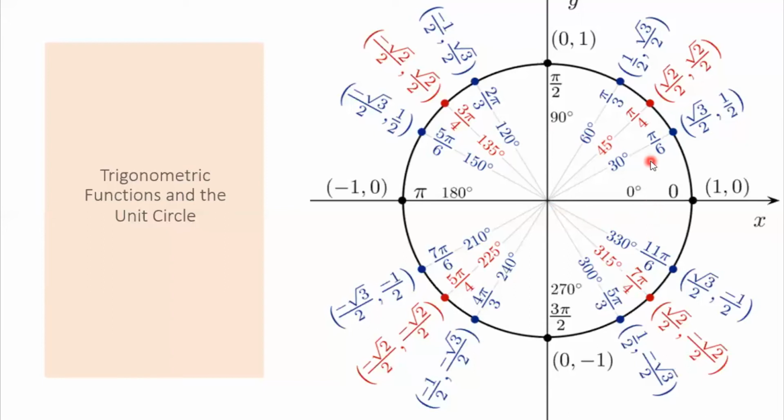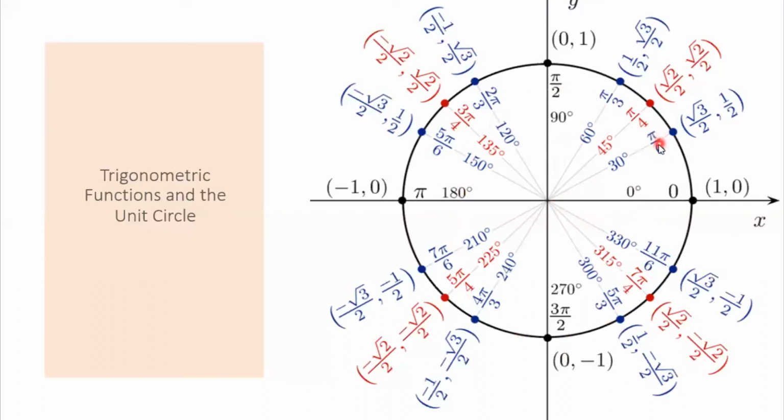All you have to do is familiarize it. Even if you only remember the first angle, that is pi over 6, you can get the rest of the angles.